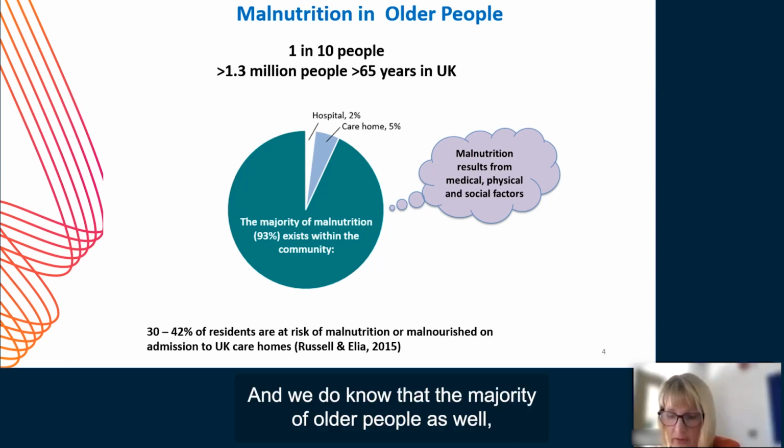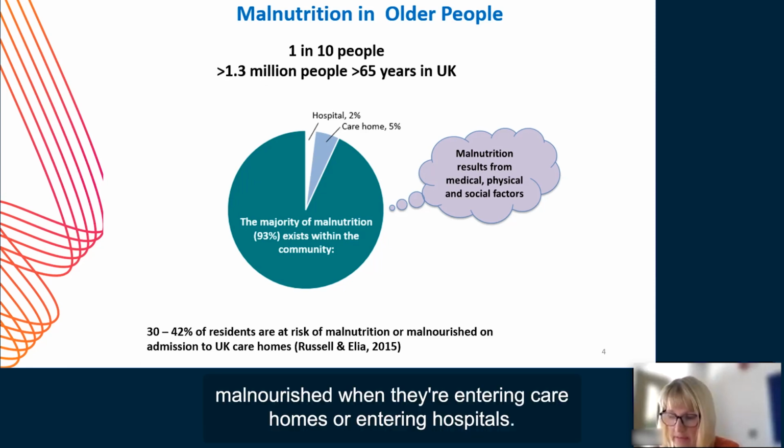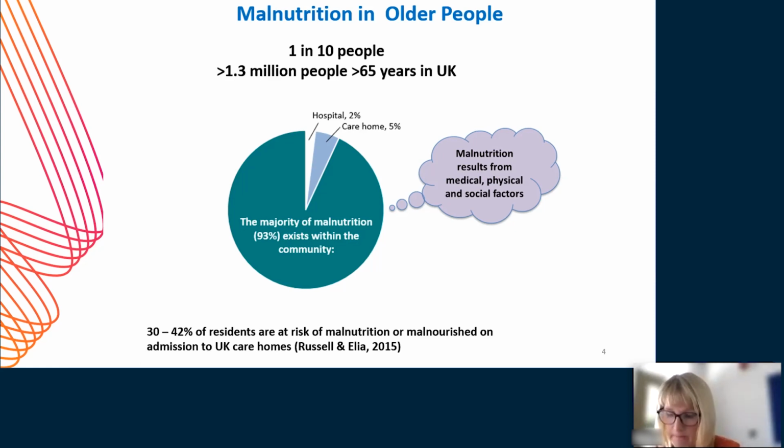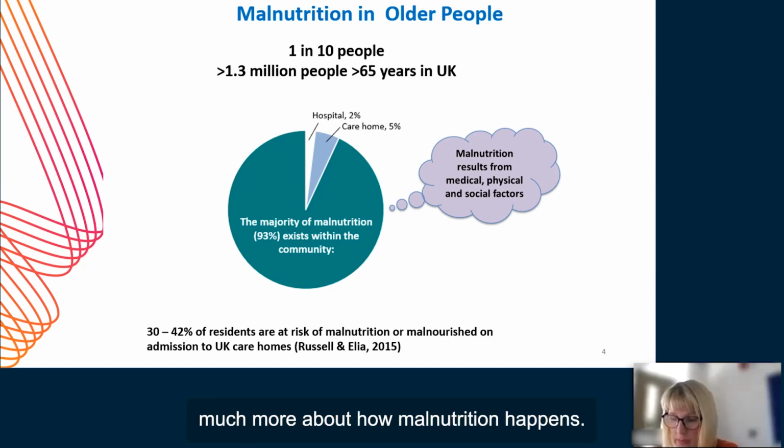And we do know that the majority of older people we pick up who have a risk of malnutrition or indeed are malnourished are those entering care homes or hospitals. And we certainly understand much more about how malnutrition happens.